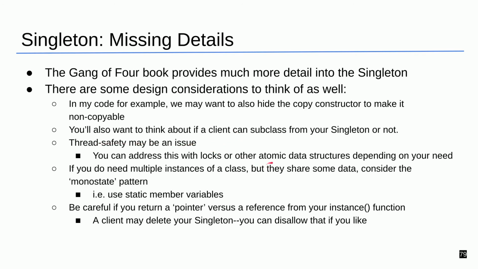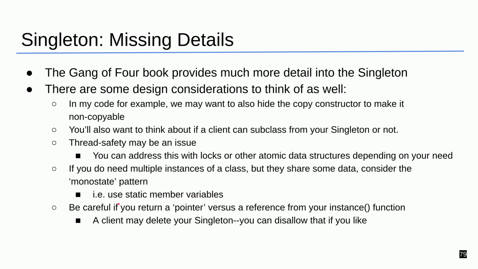We can use locks, but we have to be careful about this from a performance standpoint. If we do need multiple instances of the class, there's other patterns. There's something called a mono-state pattern that we might want to take advantage of, which uses static member variables. Now, static member variables are variables shared across every instance of a class.